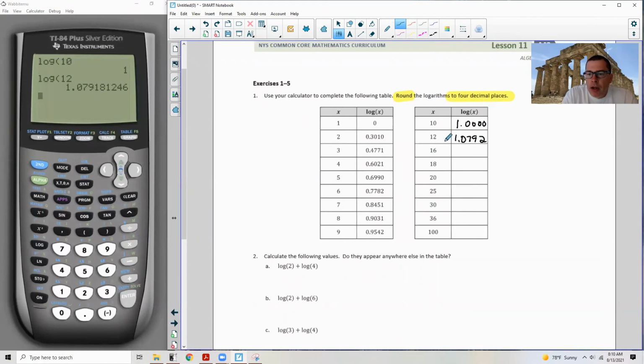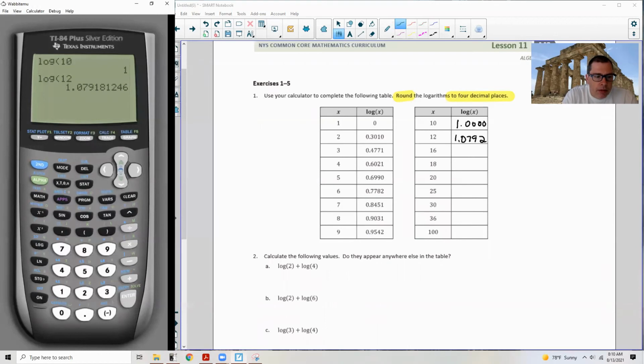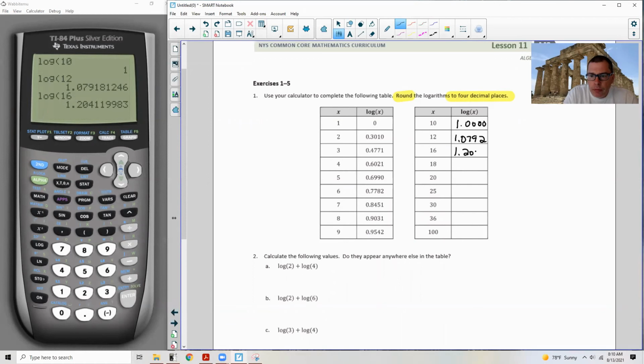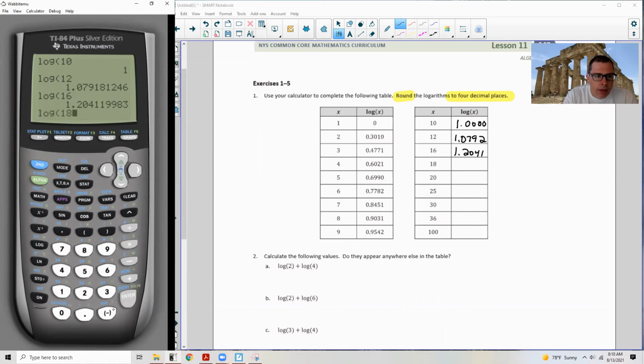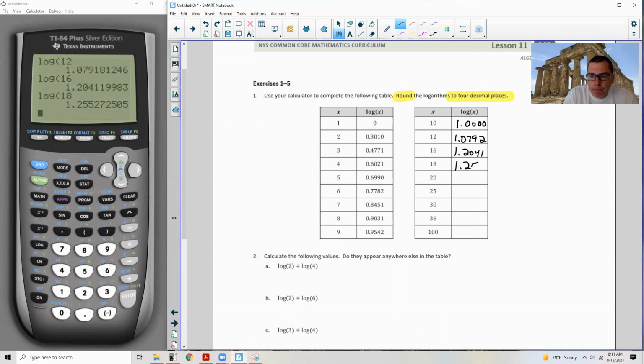All right, 16. Log 16. 1.2041, 18, log 18, 1.2553. And just to save time, we all know how to hit the log button. This will be 1.3010.